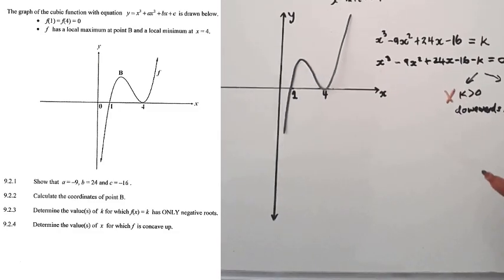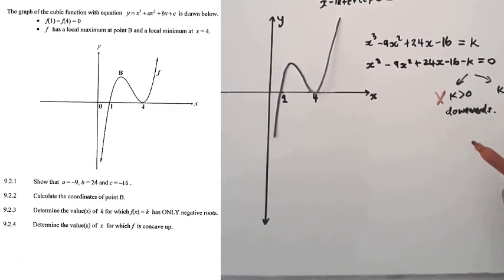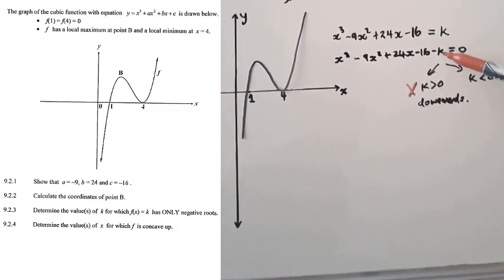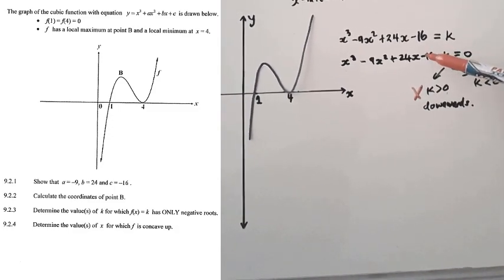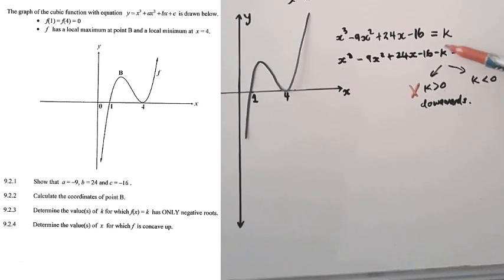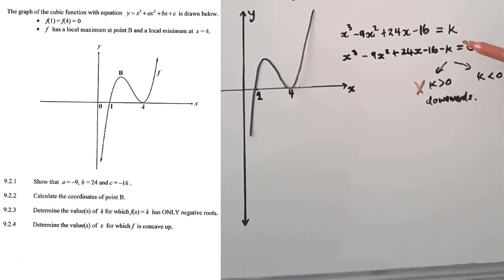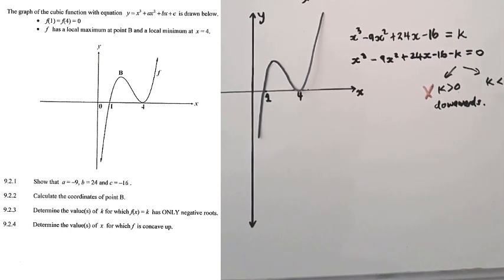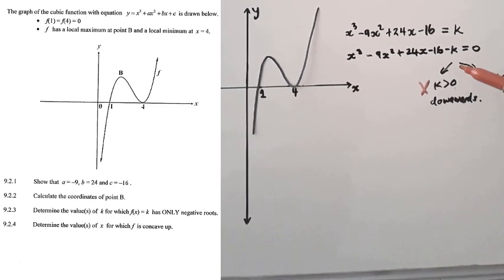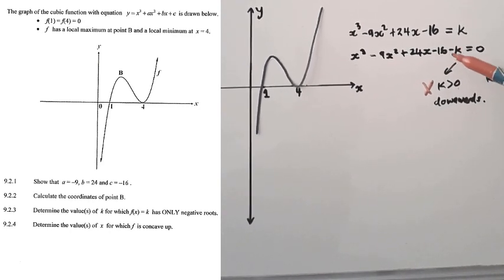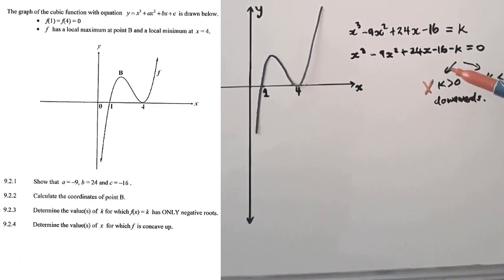Okay, so what about if our k values are negative? Well, if the k values are negative, then we're going to have a double negative. We're going to have minus 16 minus something, which is going to be minus 16 plus k. All right, so if it is minus 16 plus k, then this minus 16 is going to start increasing basically.